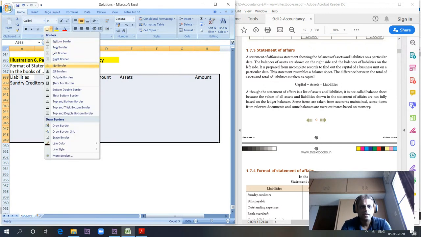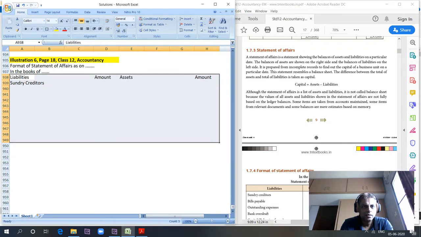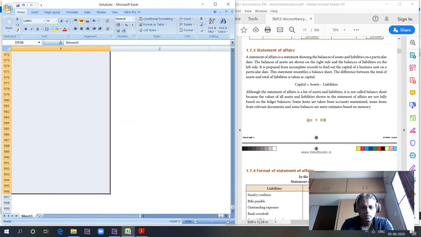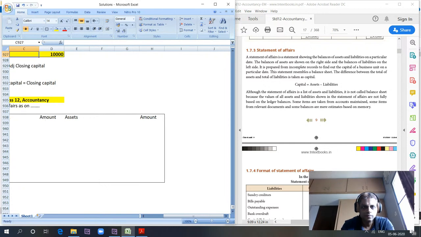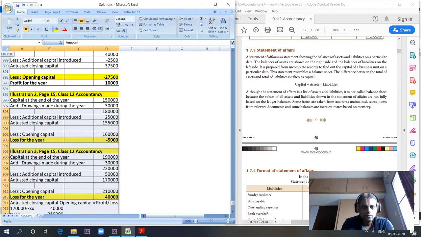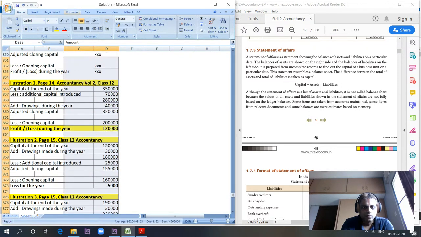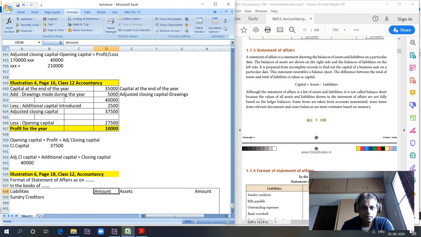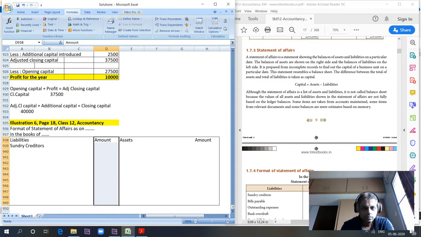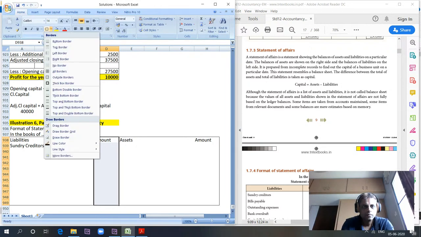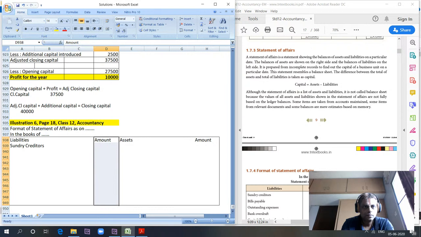I'm putting a table here. Okay, this is clear now. We have put it in a format.